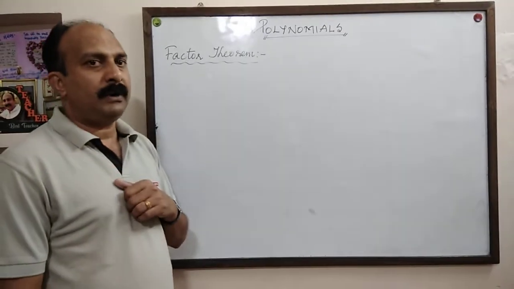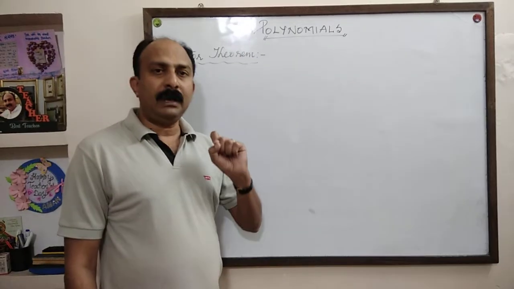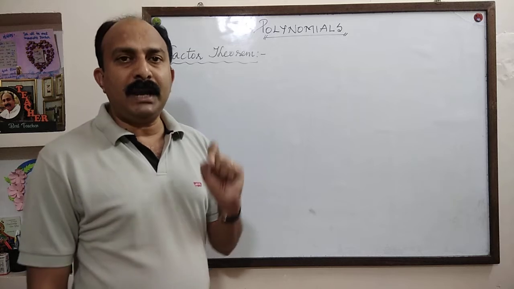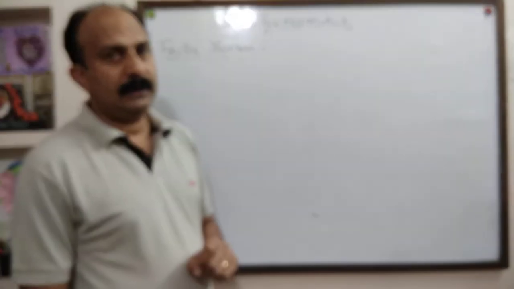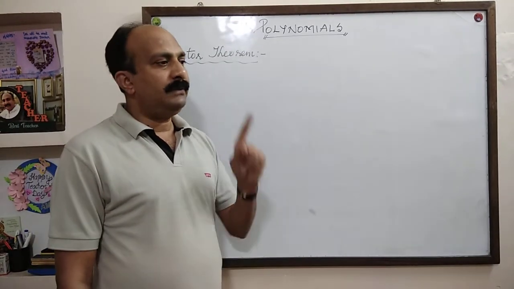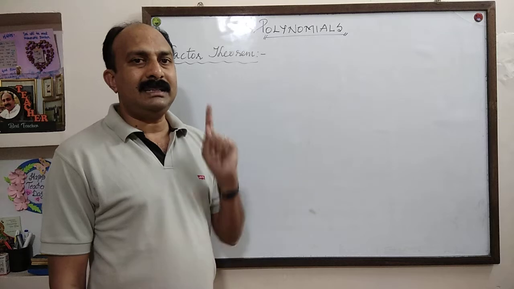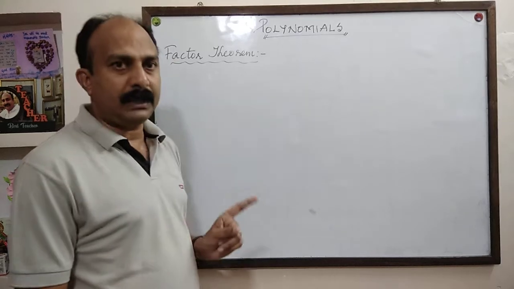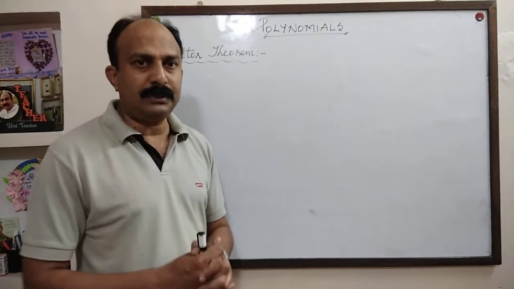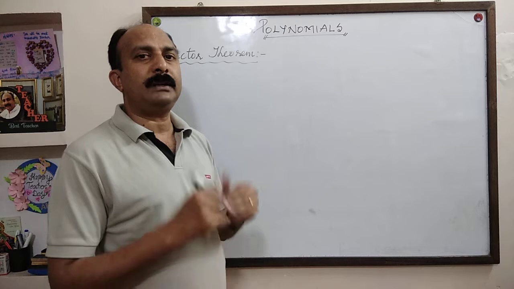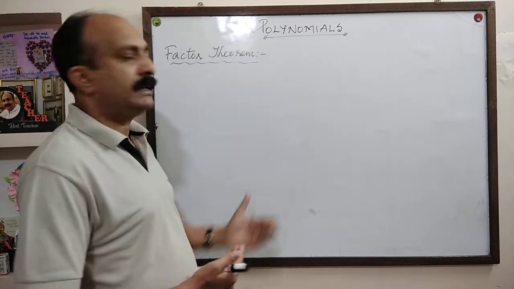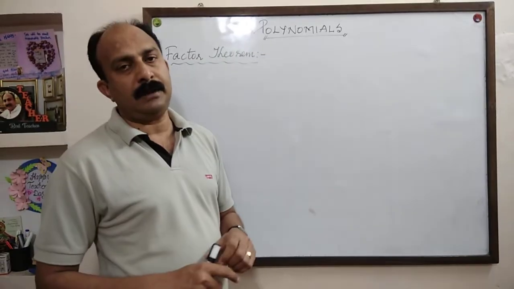And then what was the method we used? We have checked whether the remainder is 0 or not. Then I told you, if the remainder is 0, then g(x) is called a factor of p(x). When the remainder is not 0, g(x) is not a factor of p(x). Factor theorem also states the same.